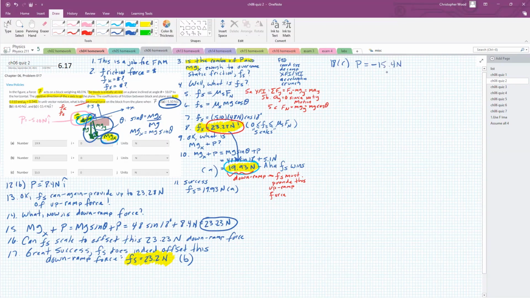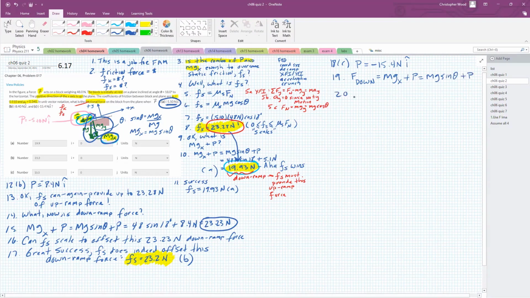So it's going to be the same chain reaction of Q and A. How much downward force do we have? Here's the amount of downward force. So maybe I'll just say F down. The total down ramp force equals mgx plus P for the umpteenth time. And we know mgx is mg sine theta, plus P.